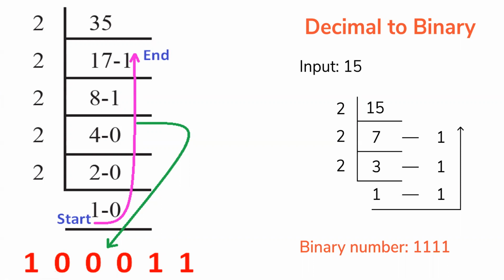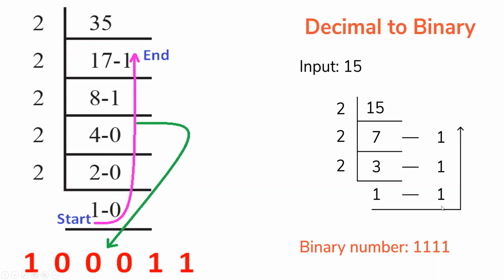So the equivalent of 35, here you will write down, 35 to the base 10 is equal to 100011. Understood? Now see children, the 15 decimal that we had seen in that table, the equivalent binary was 1111.